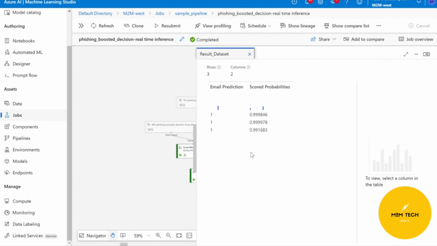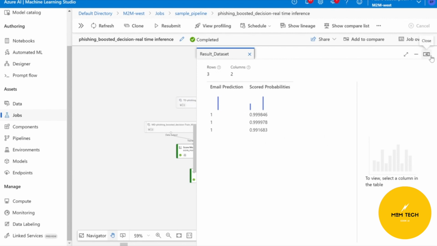Looking at the results of this, the model or the classifier has predicted as well that the 3 data entries I've given it are all considered spam, with a probability.